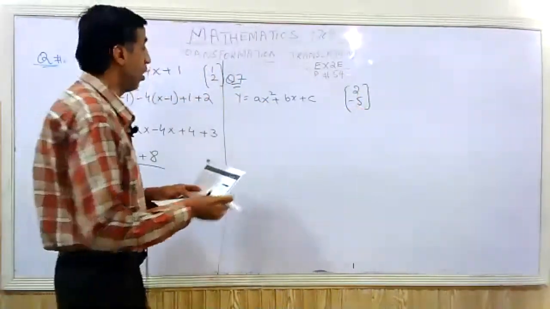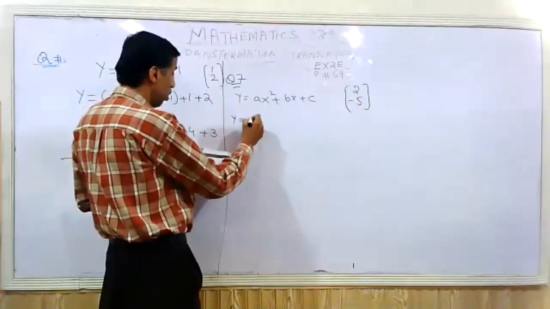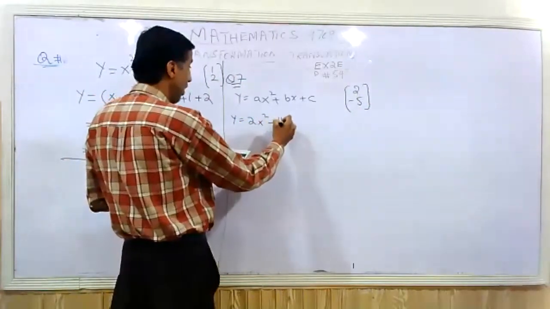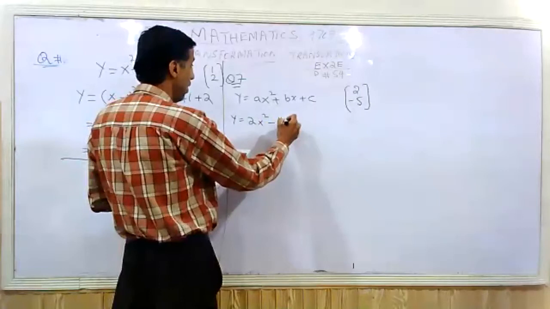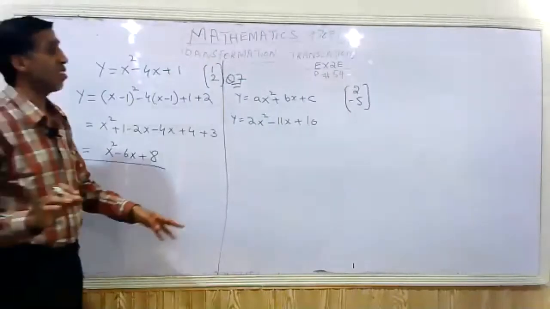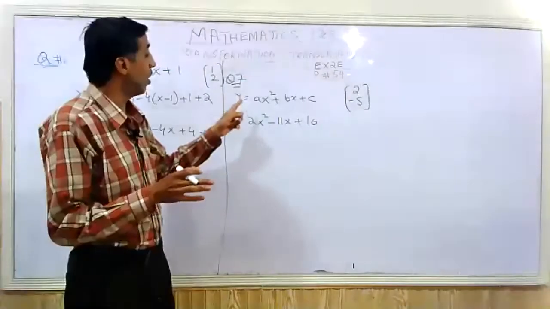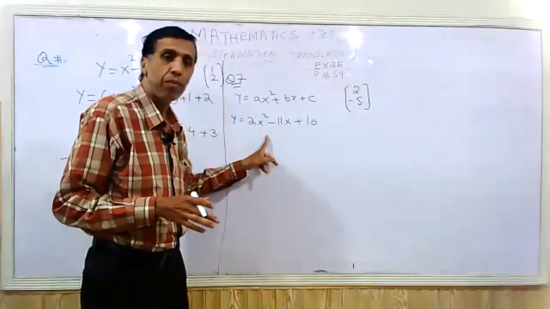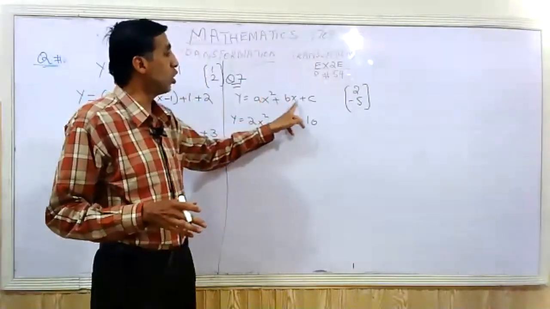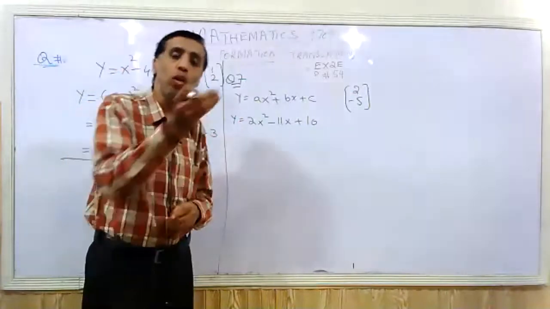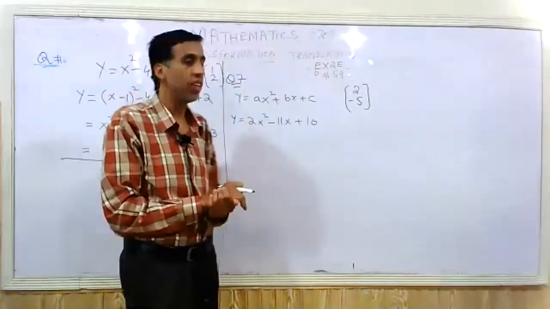The resulting image graph will be 2x squared minus 11x plus 10. Find the values of a, b and c. Just understand this is a translation of law number 3. Now in this question, he has given the image equation. The object equation is missing, so we have to find the object equation.